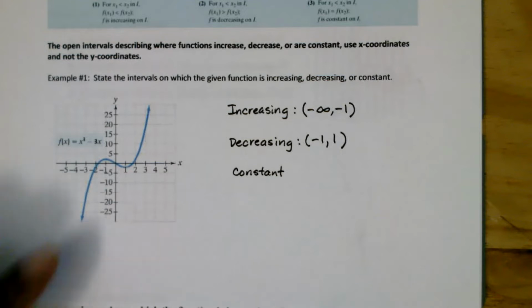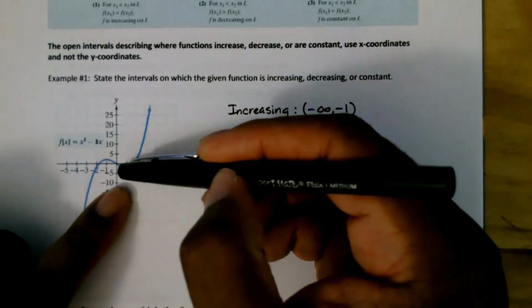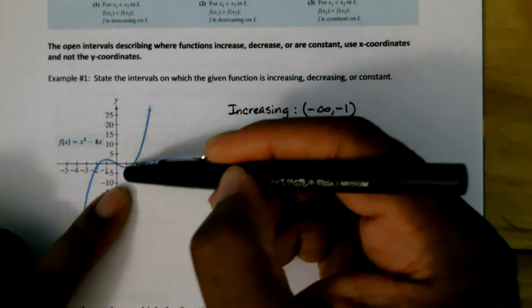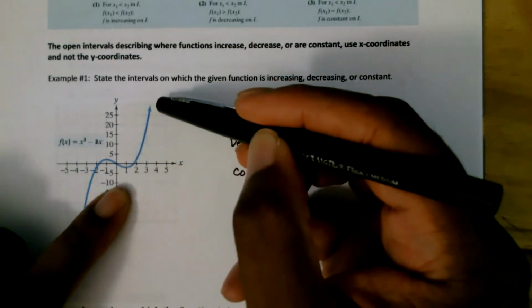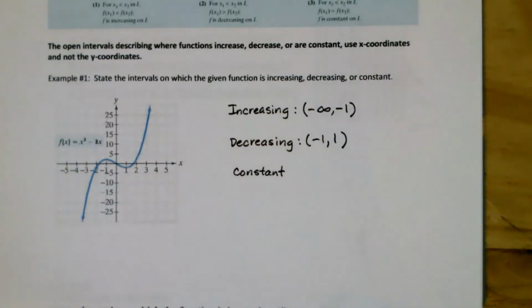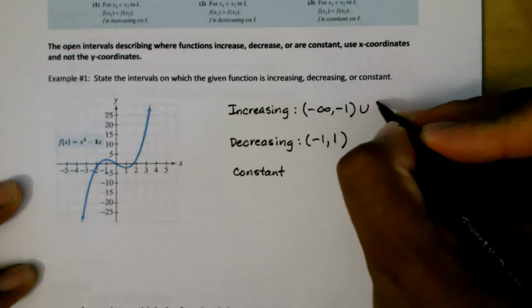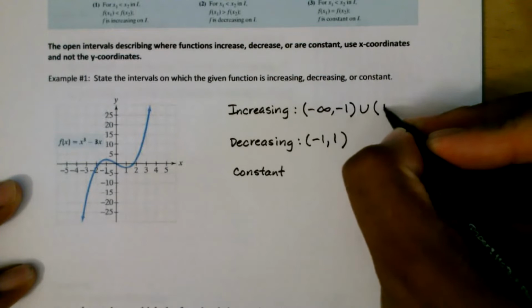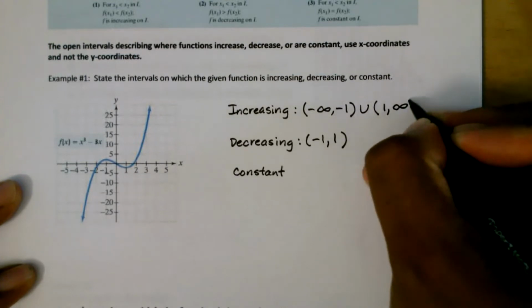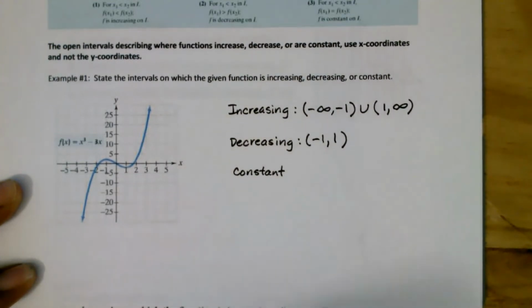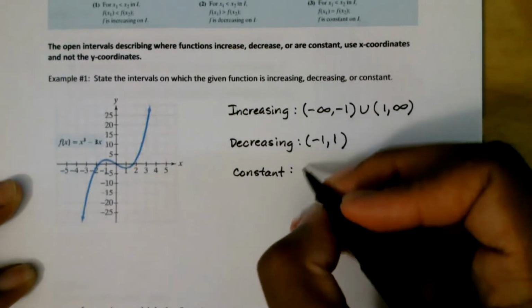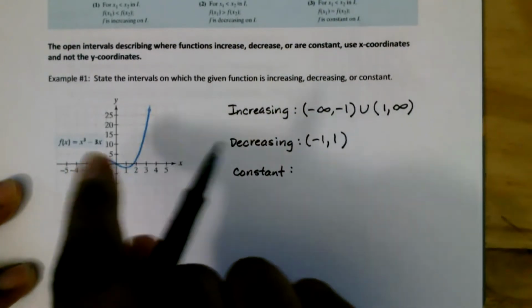And then after 1, you can see what's happening is it's going back up. It's increasing onto infinity. So under increasing, I'm going to use the union symbol, 1 to infinity. And notice there's not constant anywhere. There's no straight line in this graph.